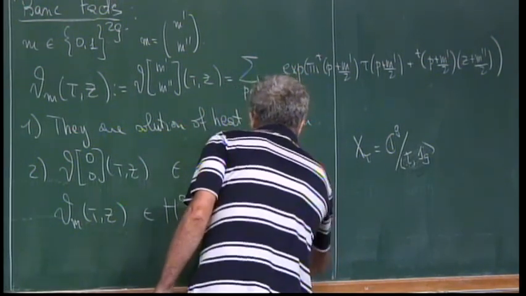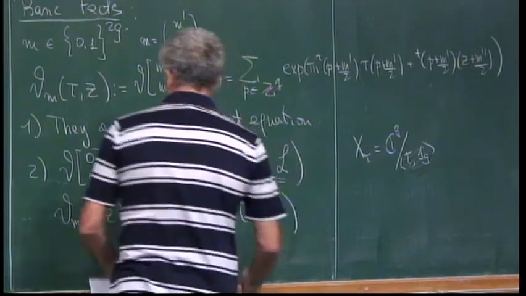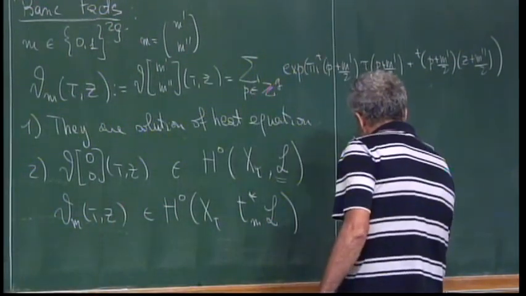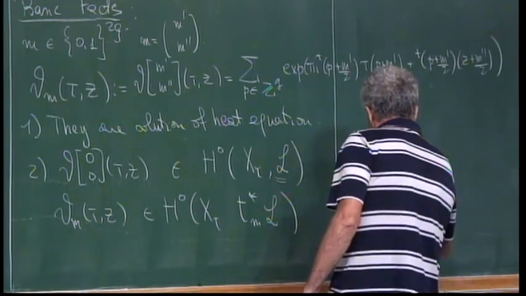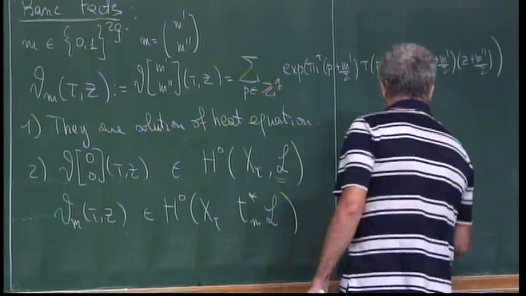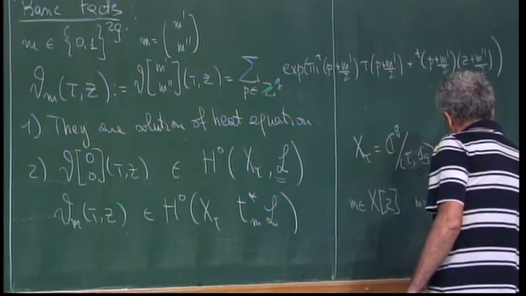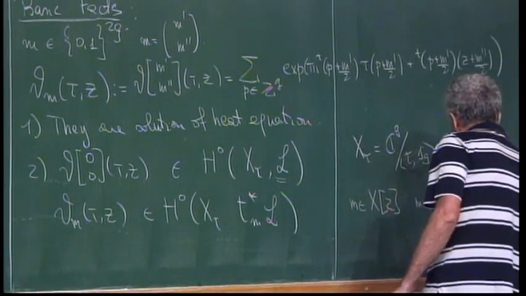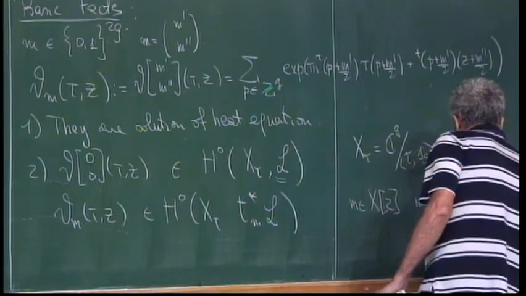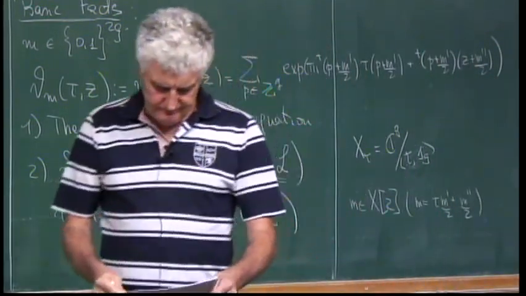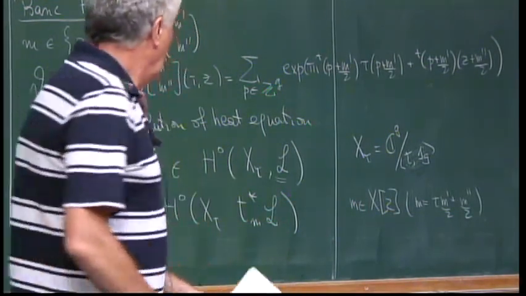Let me write M always here. I consider M as a characteristic, or I consider M as a point in X_2. The point M, in this case, is equal to tau M prime over 2 plus M double prime over 2.